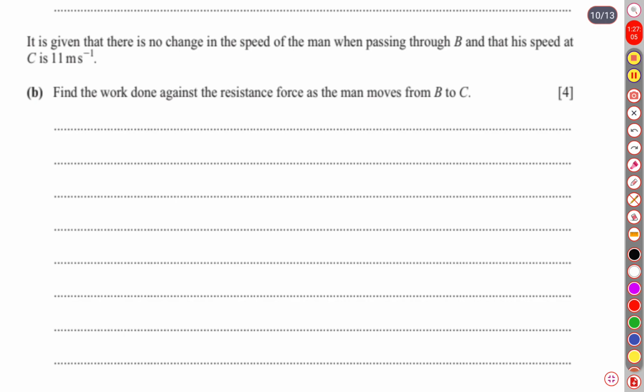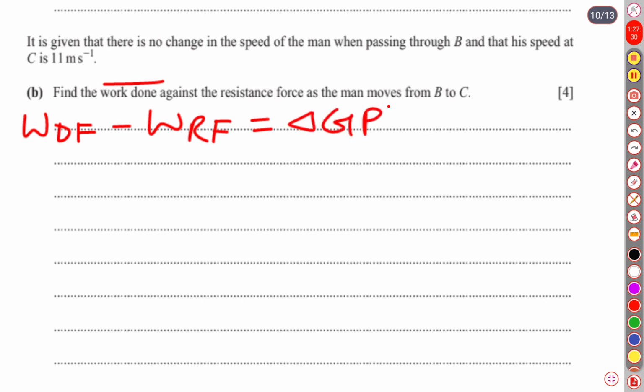So already they have suggested that we will have to apply the work energy equation. Okay, so let us write work done by driving force minus work done by resistance force is equal to change in GPE plus change in KE.